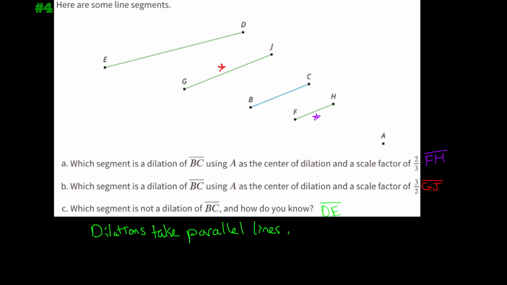So it should be another parallel line. Notice how each of these dilations, GJ and FH, are both parallel lines. However, if we look at ED, notice that if we continued out those lines, it would not be a parallel line. So dilations work for parallel lines as well.